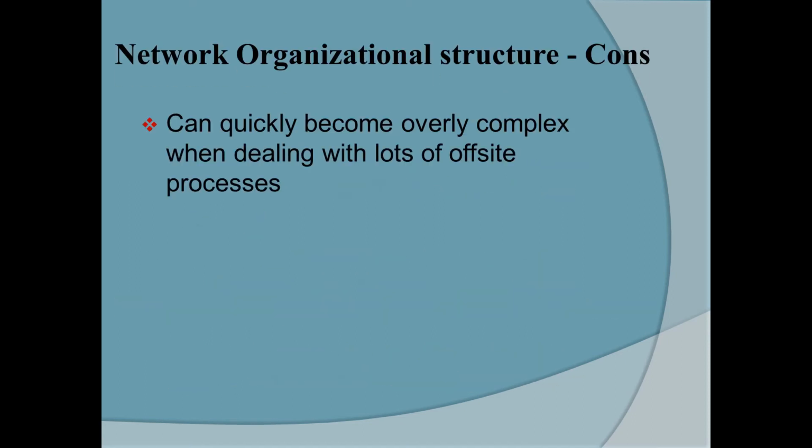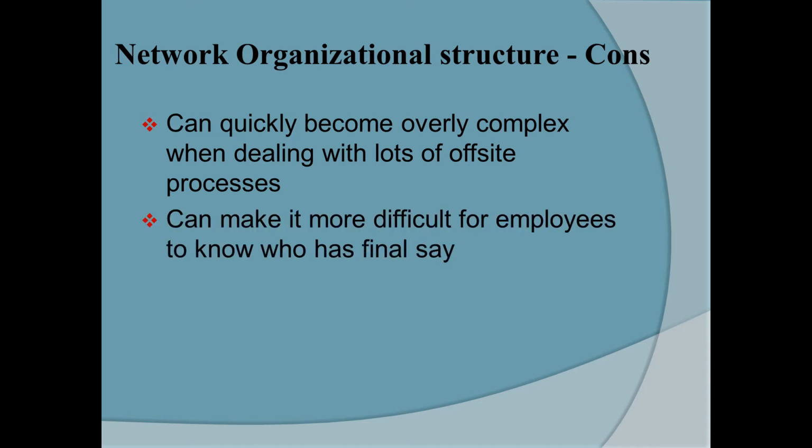And the disadvantages: it can quickly become overly complex when dealing with lots of off-site processes. So important here is the interlink between those networks. The key element is the linkage between those networks. It can also make it more difficult for employees to know who has the final say.